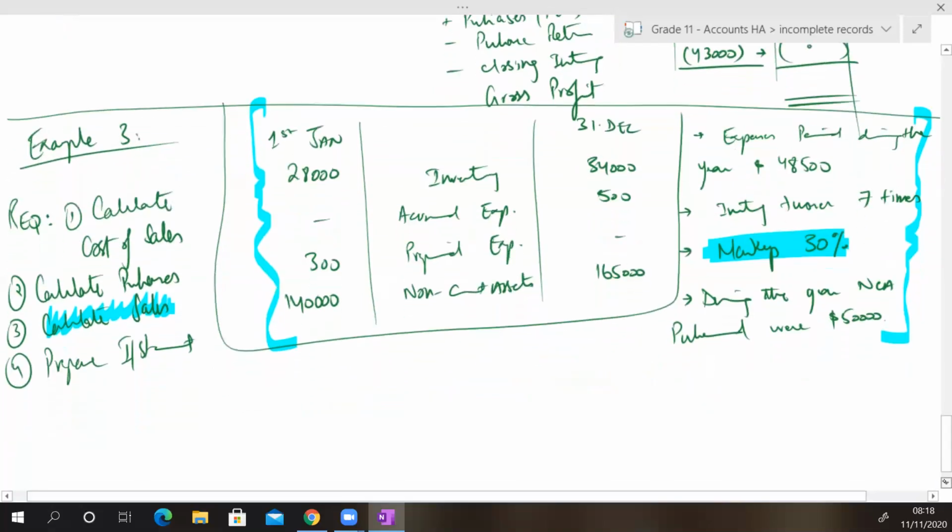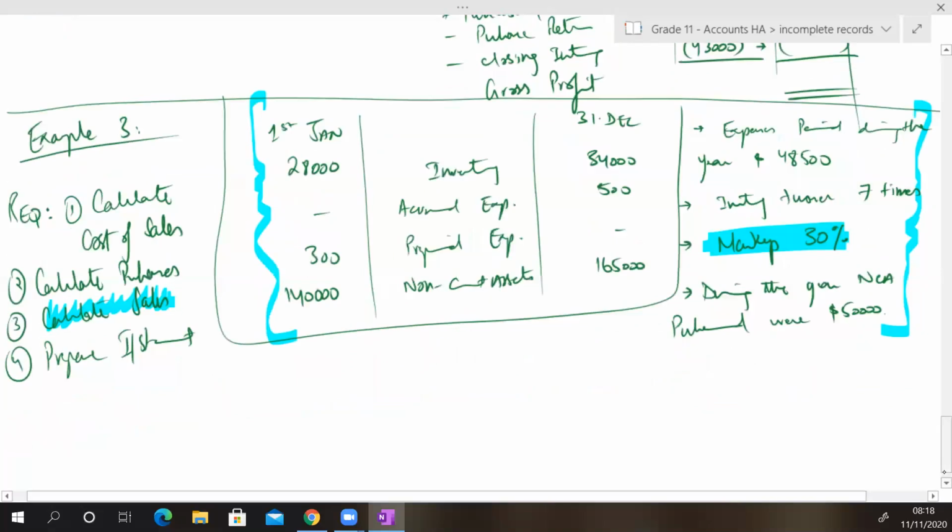The purchases were 50,000 during the year. नहीं, कैसे पता? अच्छा, दूसरा ये मार्कअप के नीचे. देखो, नॉन करंट एसेट परचेज्ड, right, 50,000. These are for non-current asset. अच्छा, ये इन्वेंट्री टर्नओवर 7 टाइम्स क्यों दिया हुआ है ऐसे ही फजूल में? कुछ तो रीजन होगा ना इसका.